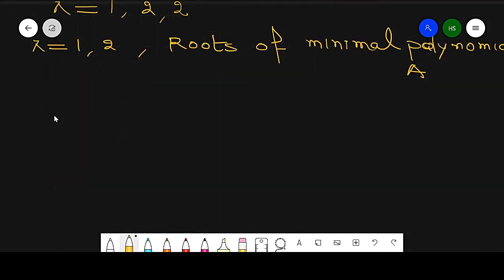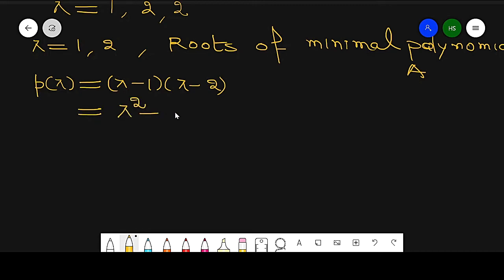Then what is the minimal polynomial? Suppose it is P of lambda. So this is lambda minus 1 into lambda minus 2, which becomes lambda square minus 3 lambda plus 2. This is the minimal polynomial.